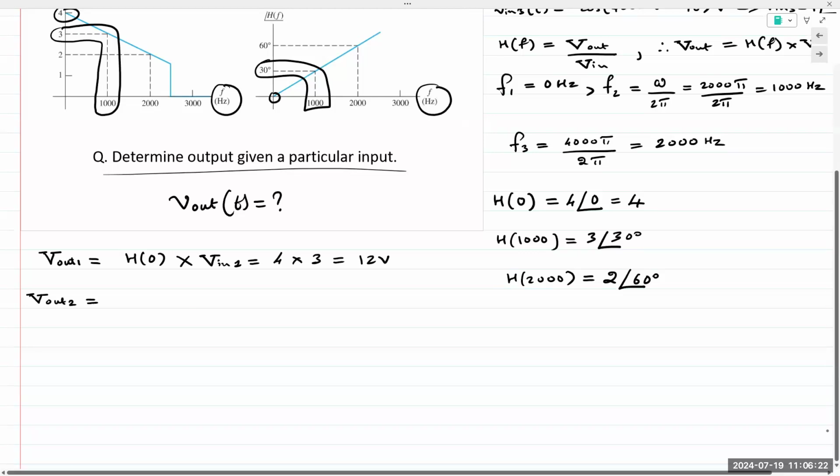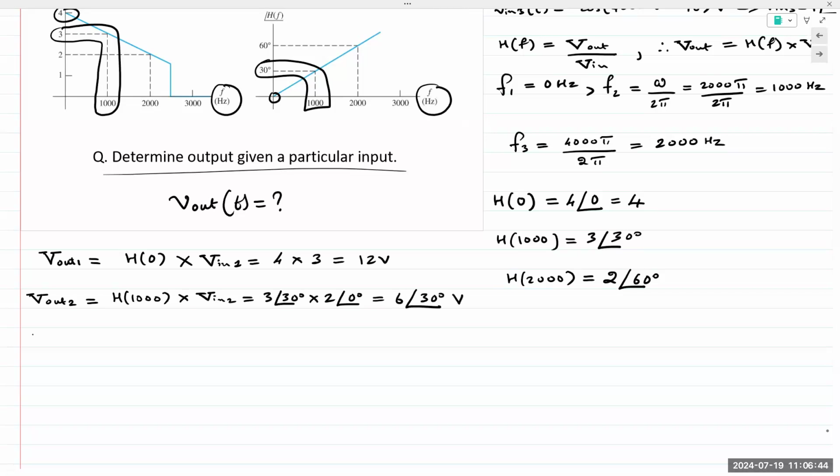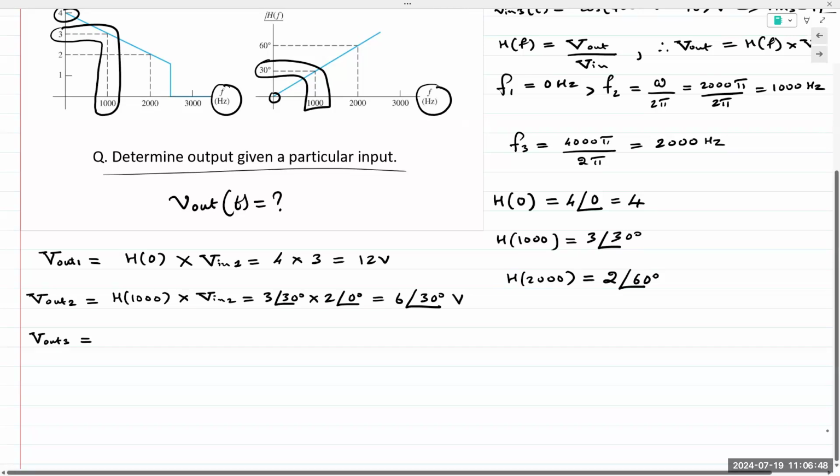V out 2 would be H of 1000 times V in 2. It's 3 angle 30 times 2 angle 0, gives me 6 with an angle of 30 degrees volts. And V out 3 is H of 2000 times V in 3.